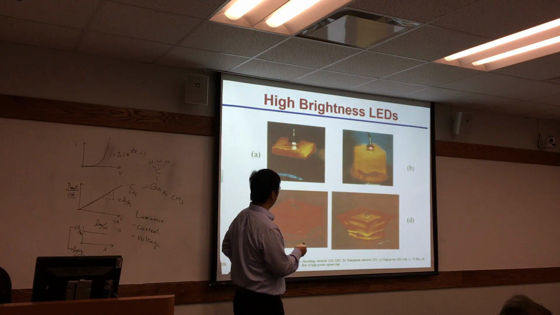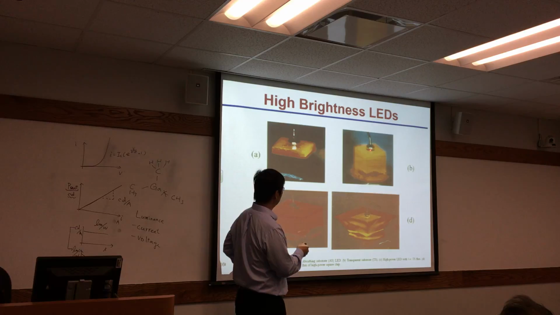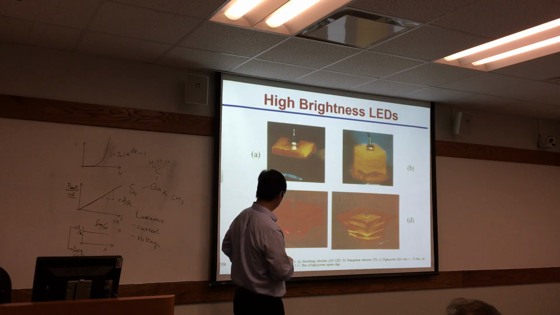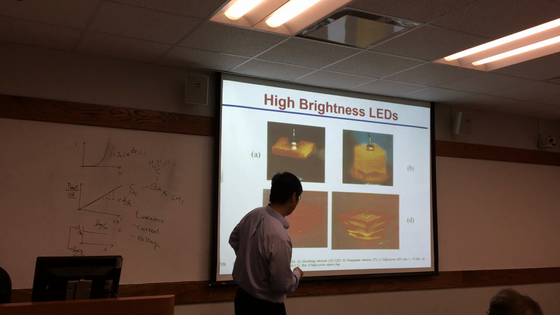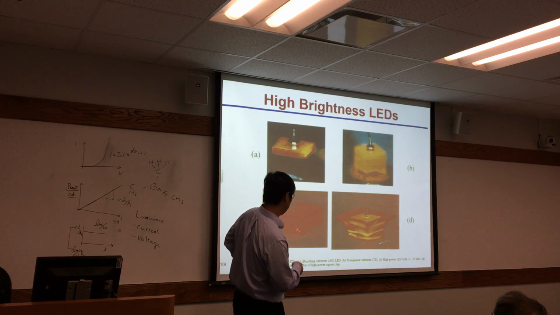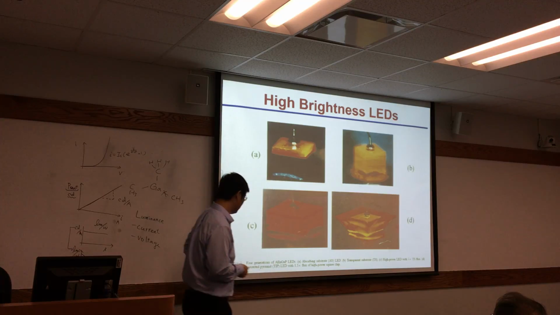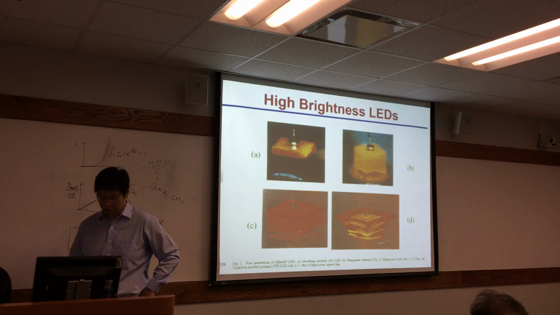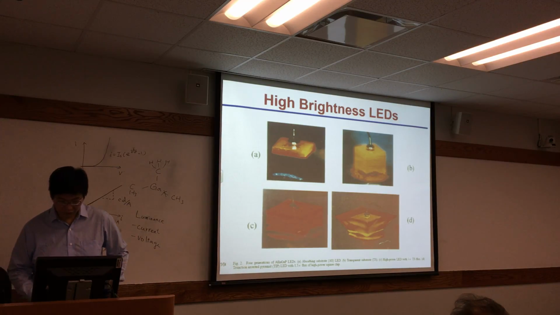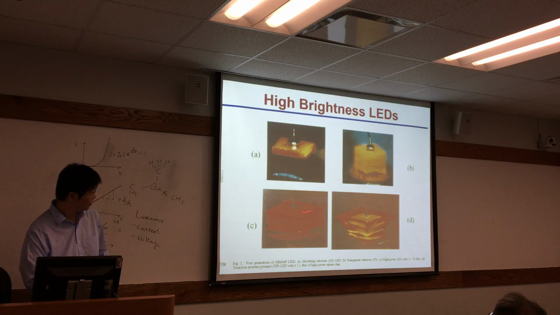And of course, it's not very difficult to have some current spreading there. So we have some current spreading here. From this to here is a 5 times flux improvement. And from here to here, you have some truncated structure, and you can have another 50% increase. So we can play some tricks on this LED.